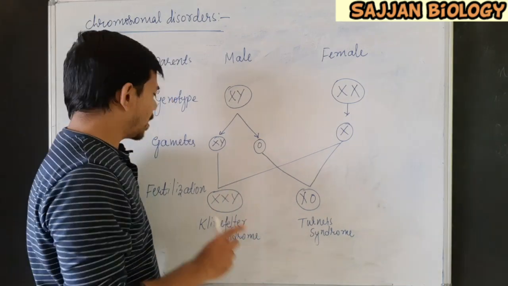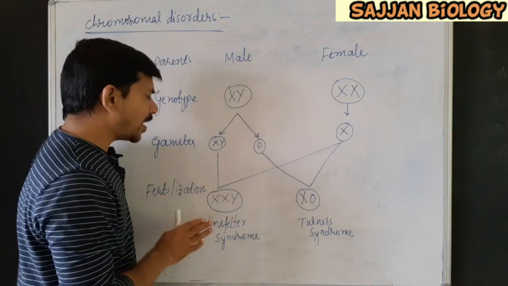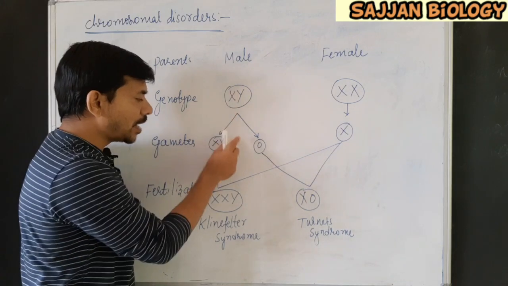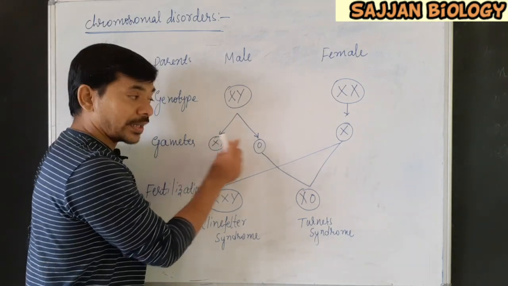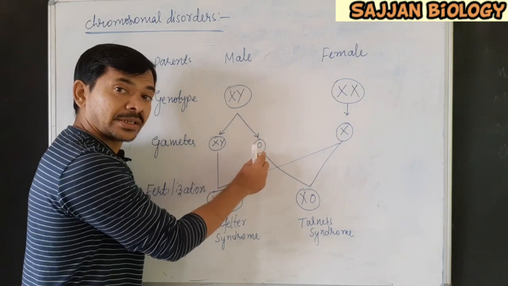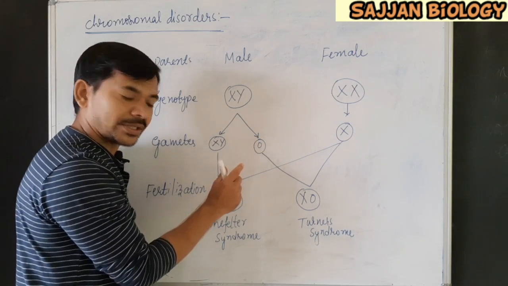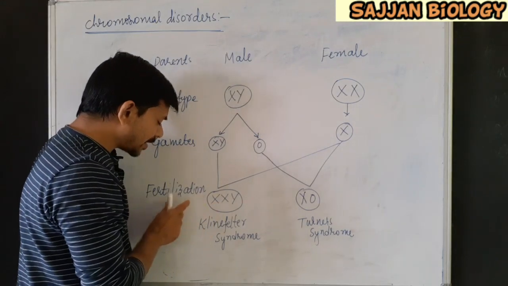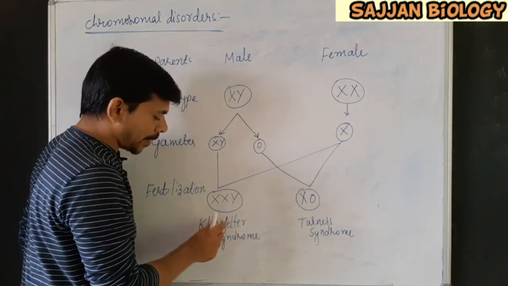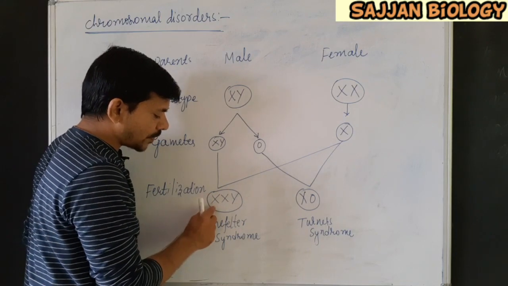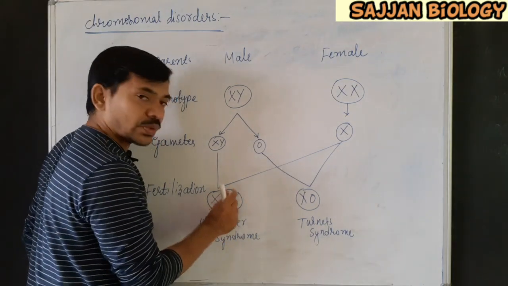During fertilization, one gamete has XY and the other has no chromosomes. At the time of fertilization, the male gamete with XY fuses with the female gamete, resulting in the formation of XXY.